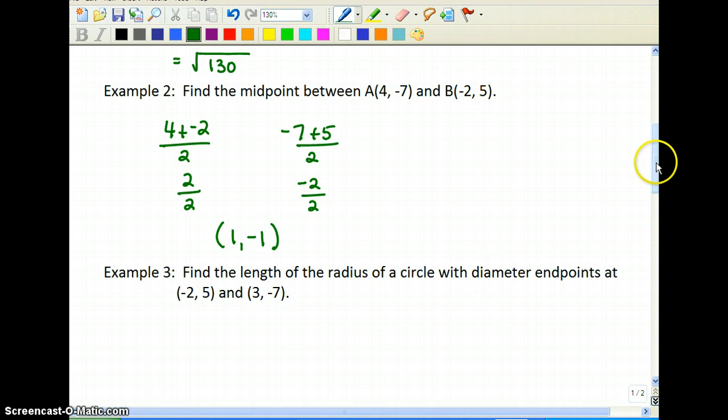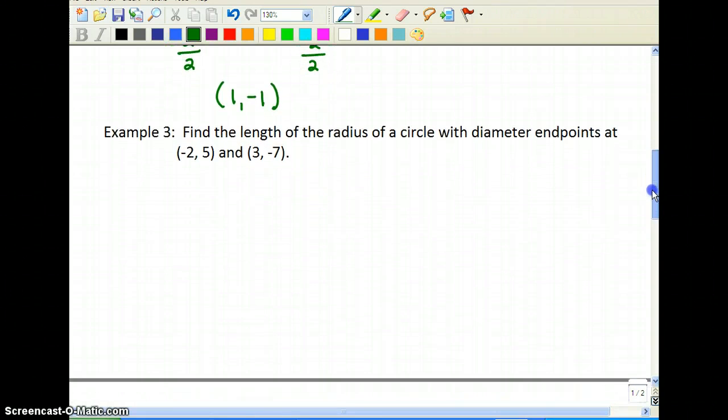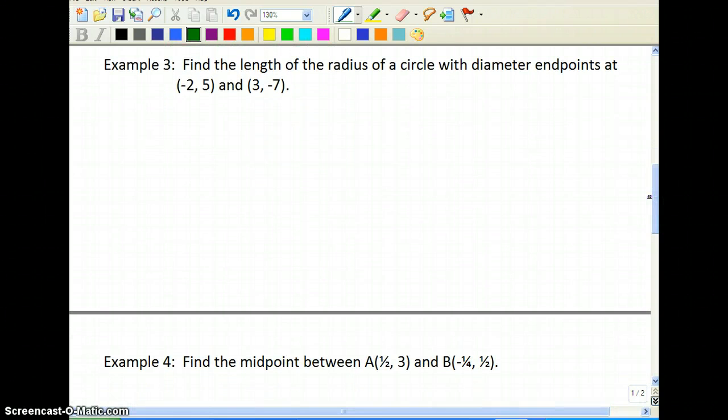Now they'll put these same problems into a little bit trickier problem, so a little geometry review. Find the length of the radius of a circle with diameter endpoints at -2, 5, and 3, -7. So we have a circle. There's the center. We have a point -2, 5, and the diameter endpoint of 3, -7.